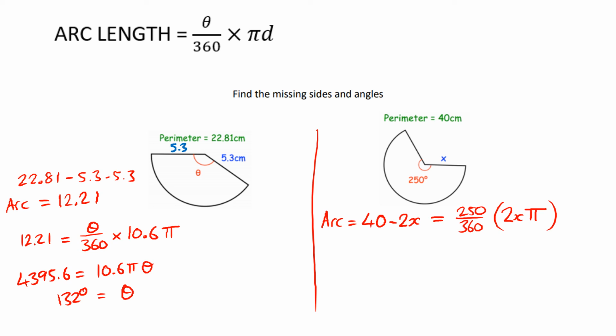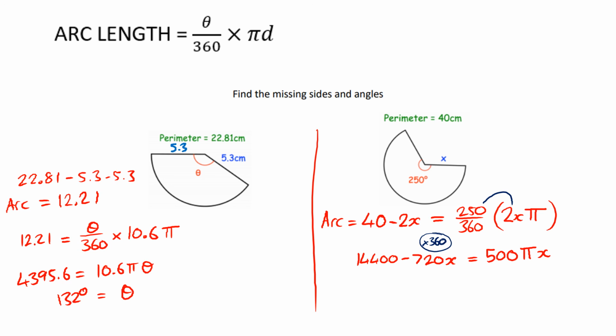So what do you do from here? Well, let's start by timesing everything by 360. I feel like that makes everything nicer. So there we go. Remember to multiply both of the numbers by 360, both the 40 and the 2x. I've also expanded that term on the right hand side, so I've just done 250 times 2 to get the 500 pi x there.